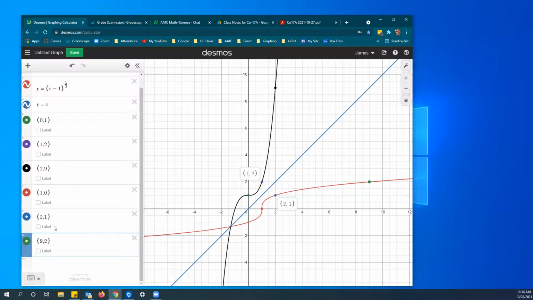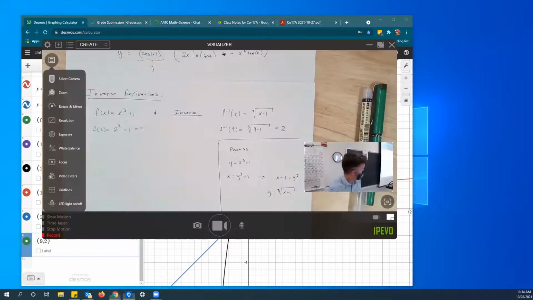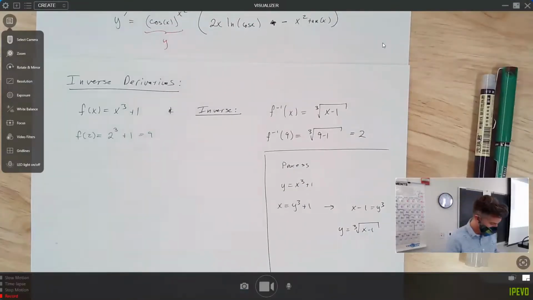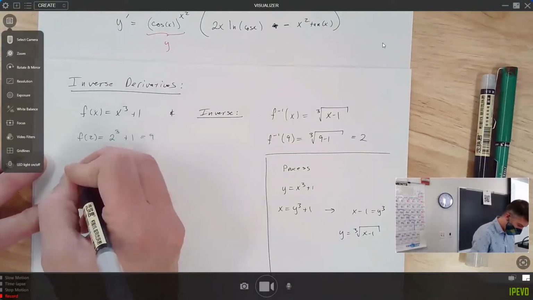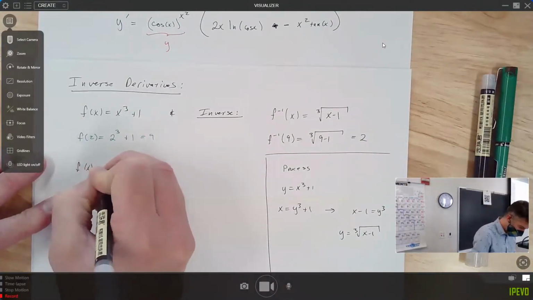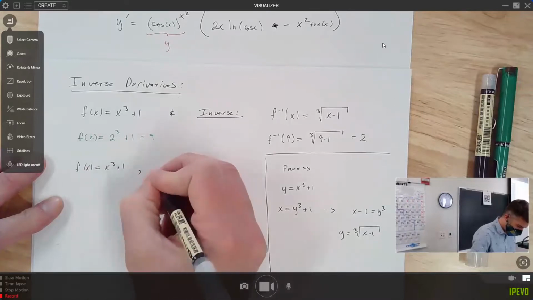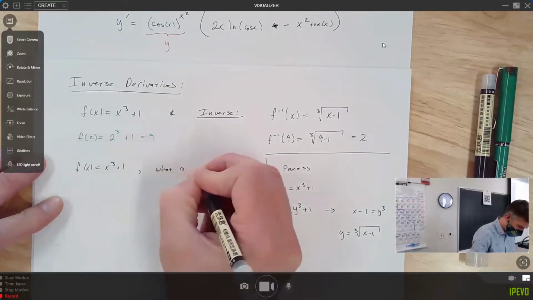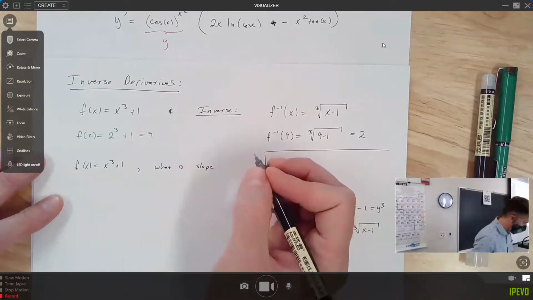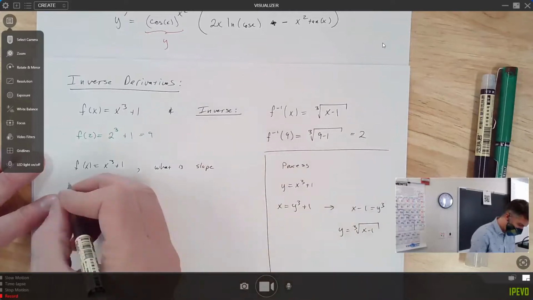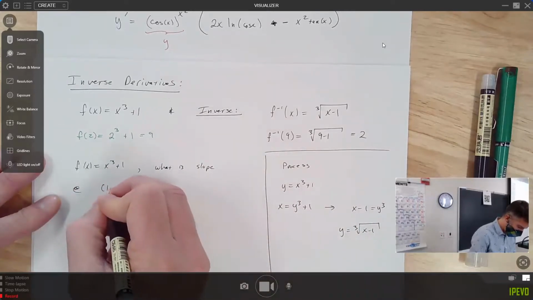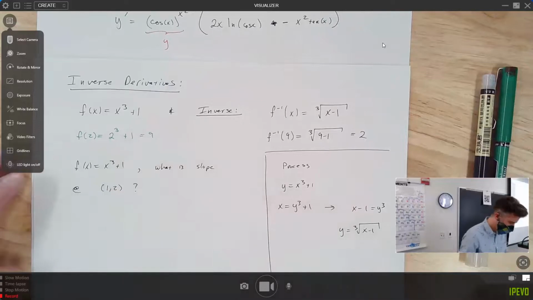Well, in fact, let's just do the work. So let's write some things out. Let me get back to the thing I wanted before. Let's make that big again. So for this function, f of x equals x cubed plus 1, what is the slope? What's the slope at the point 1, 2?